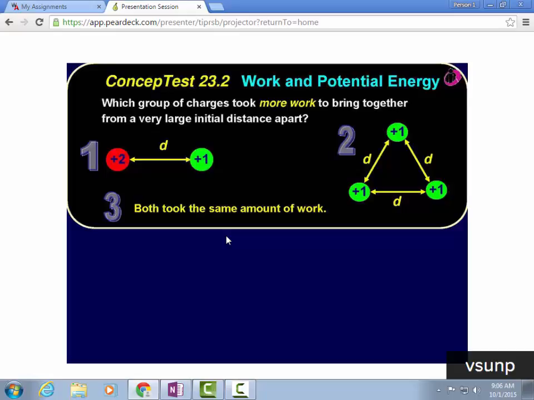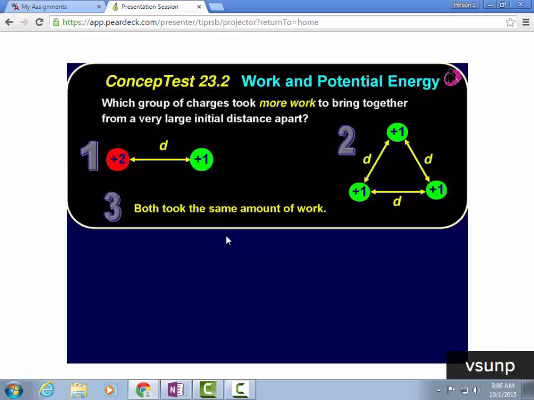Scenario 1 is 2 times 1 over d. But scenario 2, what do you have? Let's first remove both of these. It takes nothing to bring this guy here. So then we bring this guy in. How much does it take? 1 over d. Okay? Now, let's bring the third guy in.